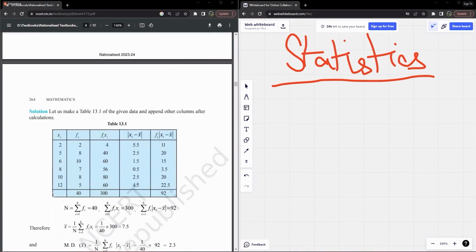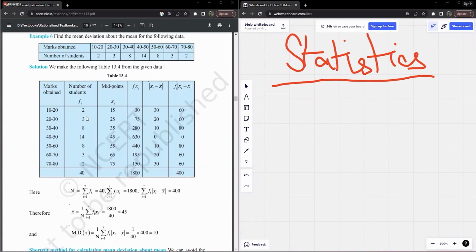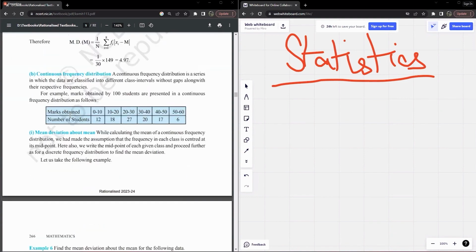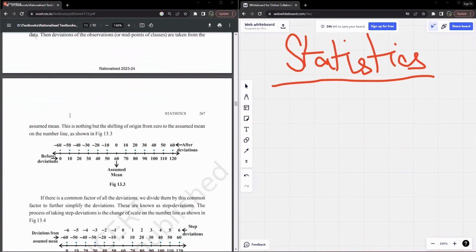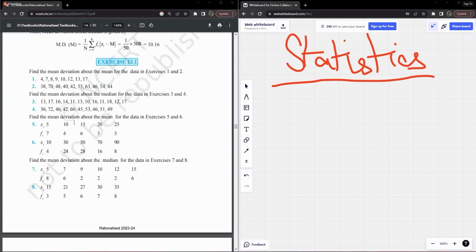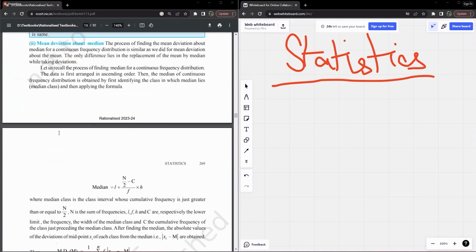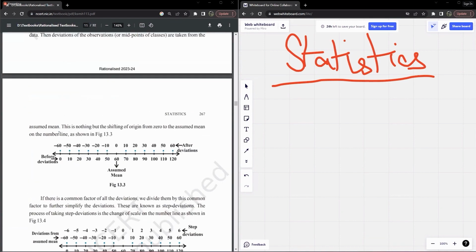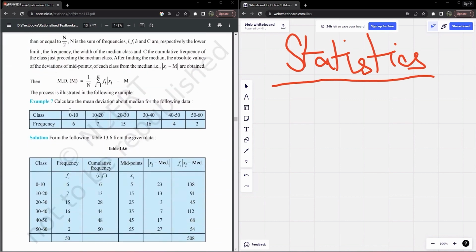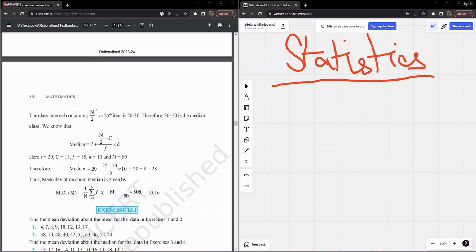These are mean deviations about means, and then different mean deviations for different types of data sets, and then mean deviation about medians. So you have mean deviation about means, mean deviation about medians, and a short blurb about the quartile deviation and the standard deviation.